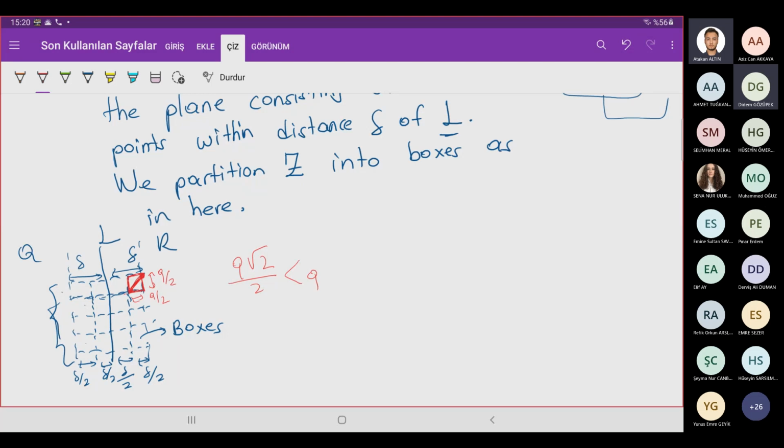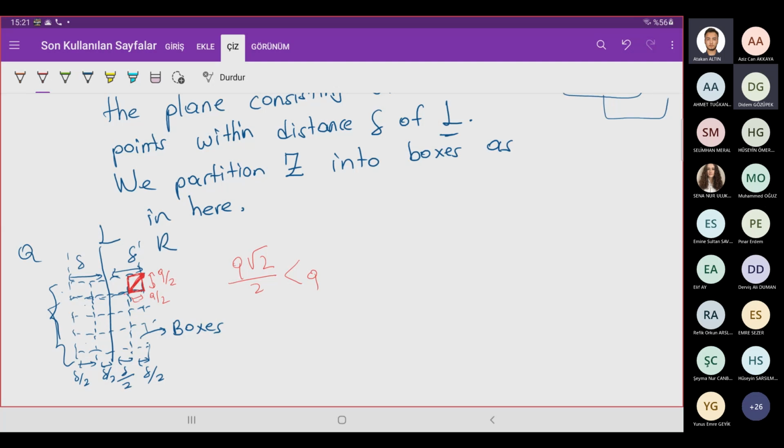I took the points on the left, I took their minimum, the points on the right, I took their minimum, and I took the minimum of these 2 minimums. But now my argument leads me to a point where there exist 2 points between which the distance is less than delta. But this contradicts the definition of delta. It's impossible. Delta was the minimum.